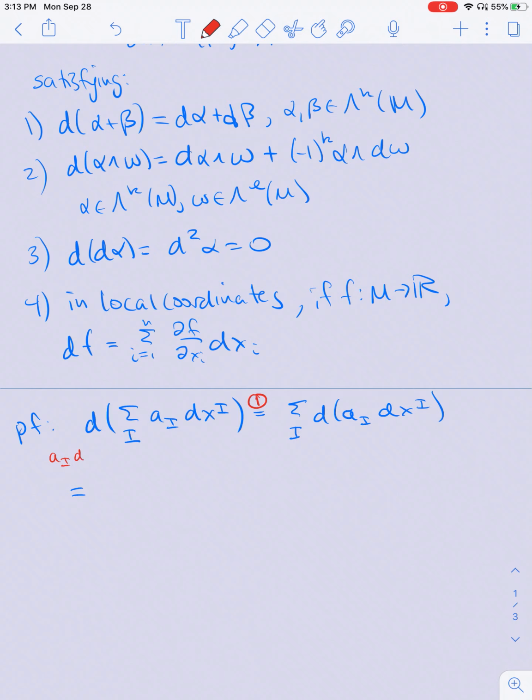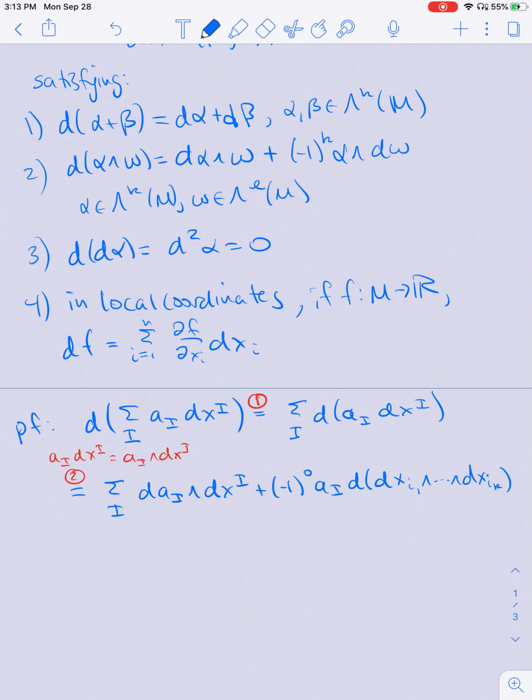So a_I dx_I, I can also write as a_I wedge dx_I. And then using this convention, I can use the second property. So I get the sum over I of d a_I wedge dx_I plus (-1)^0 a_I d dx_I. And maybe it's a little bit confusing to write it this way because it sort of looks like d dx_I is d of a function x_I. So I'll write it as dx_i1 wedge all the way out to dx_ik.